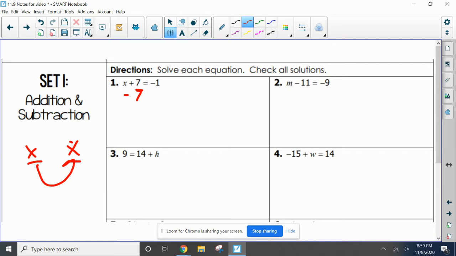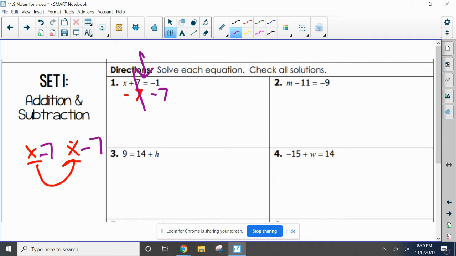In order to keep that scale at the same level, I have to move the same amount. So if I take 7 from the left, I have to do the same thing to the right in order for this equal sign to remain true. So if I take 7 from the left, I have to take 7 from the right.